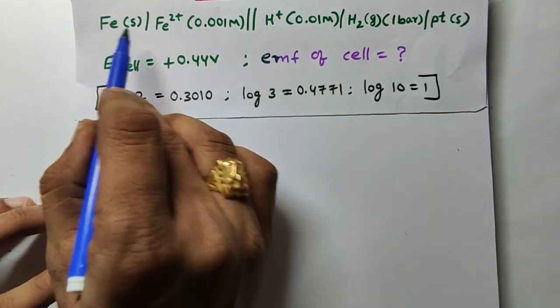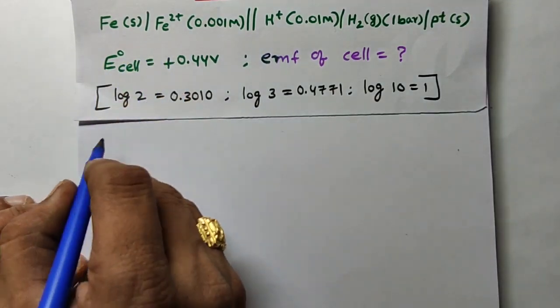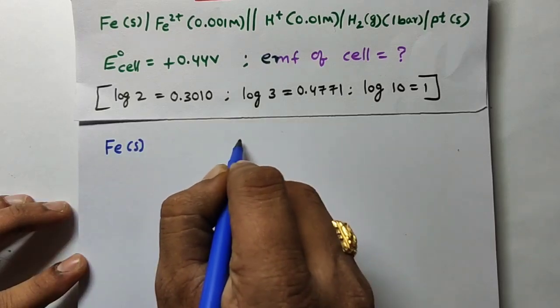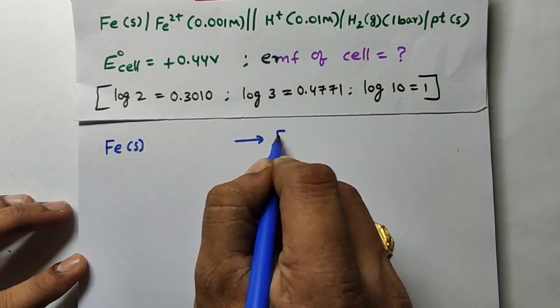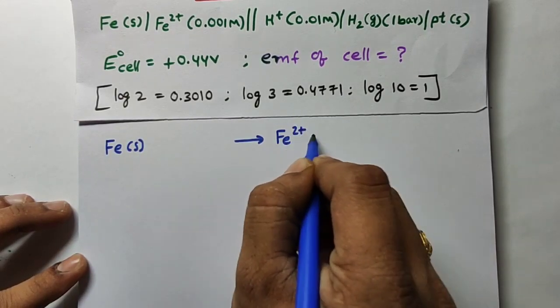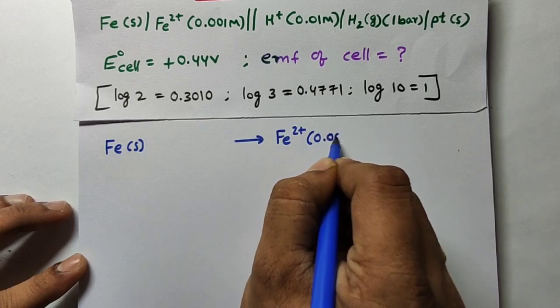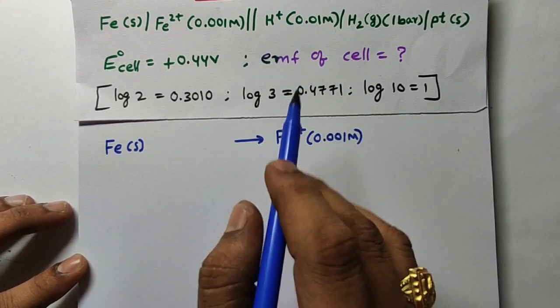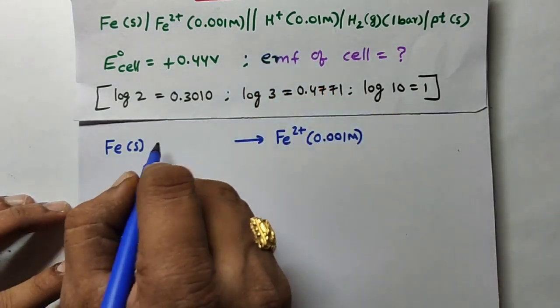Here, Fe converted into Fe2+. So Fe solid converted into Fe2+ aqueous, its concentration 0.001 molar. Next, H+ converted into H2.